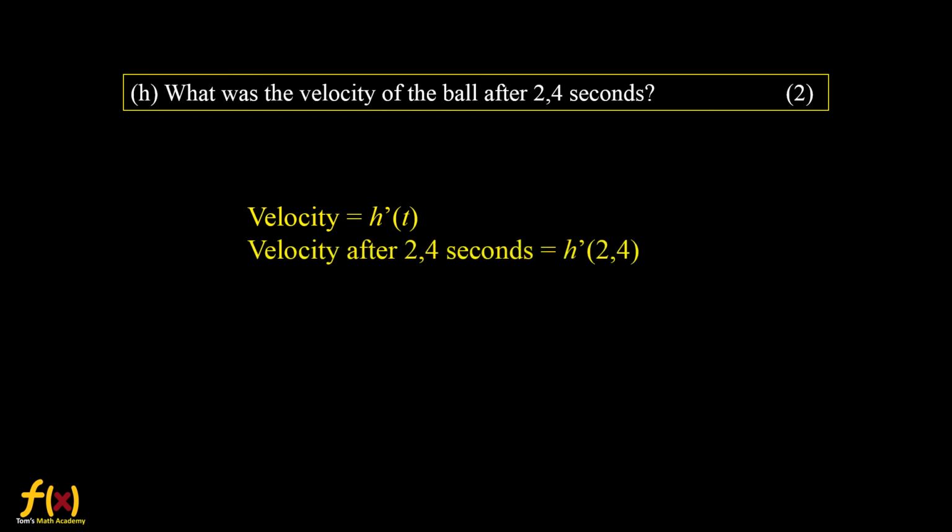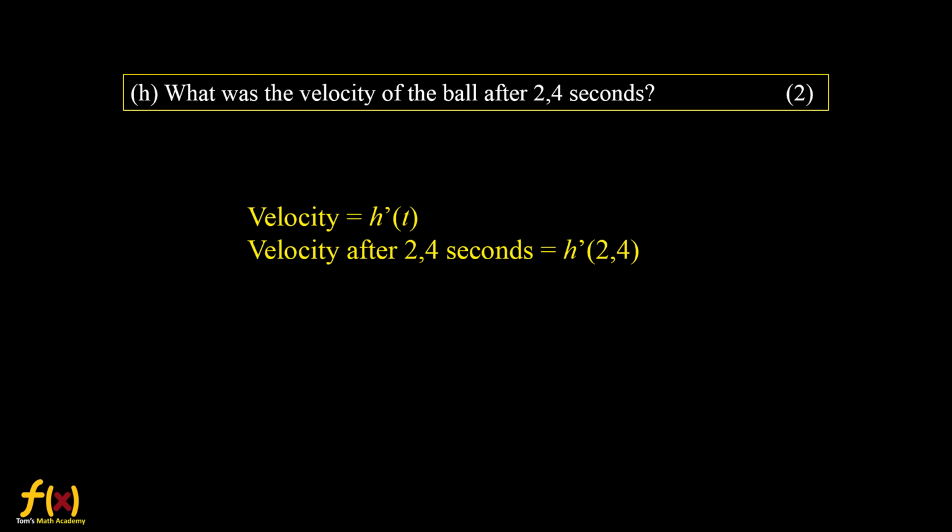Finally, another question of 2 marks. What was the velocity of the ball after 2,4 seconds? Velocity, the speed, that is h dash t. And we substitute 2,4 into the derivative, we get 0 meter per second as the answer.